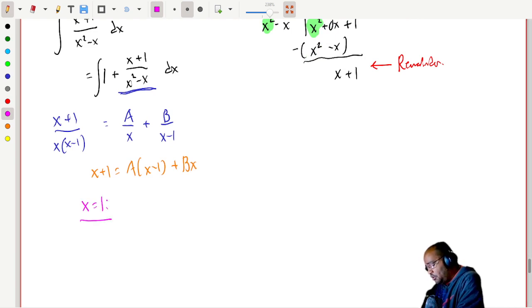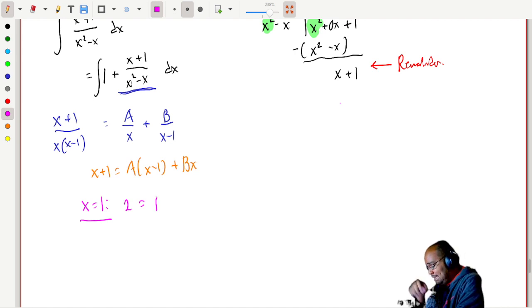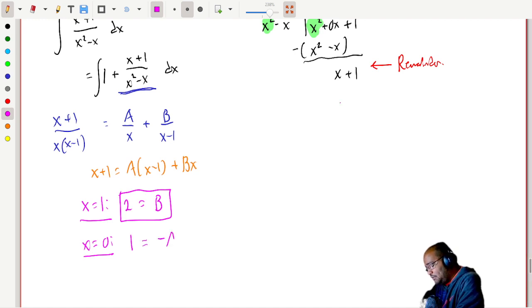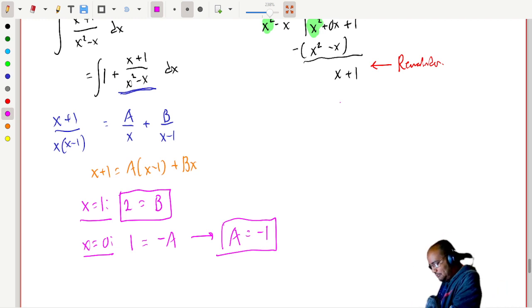If x is equal to 1, we get 2 equals, well, 1 minus 1 is 0, so the A term vanishes, and 1 times B is just B. And now, if x is equal to 0, the other lazy value, on the left I get 1, and on the right I get negative A. That means A is equal to negative 1. This worked out nicely.